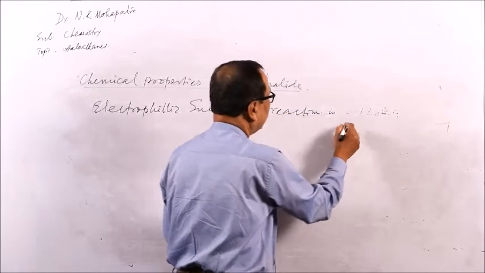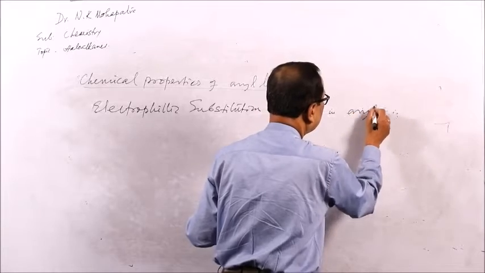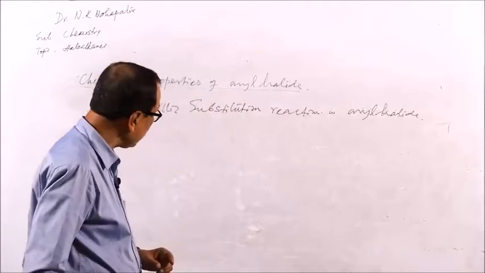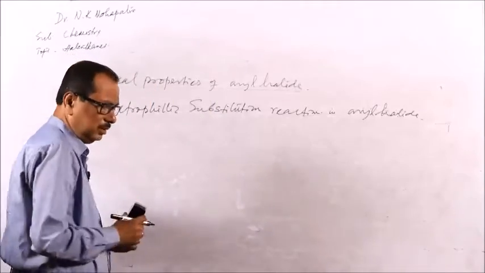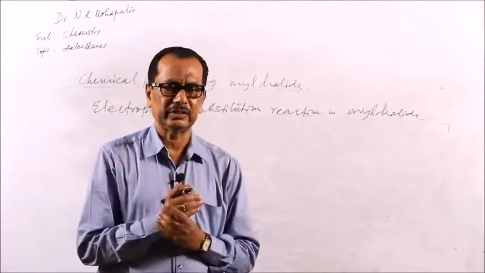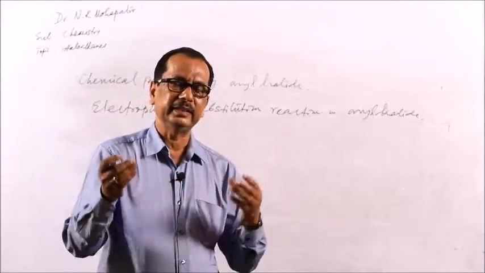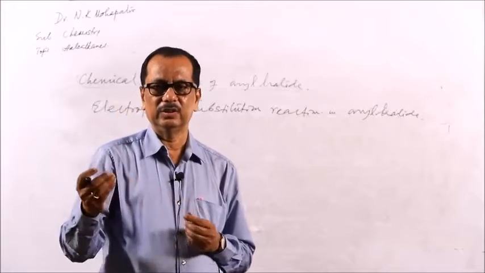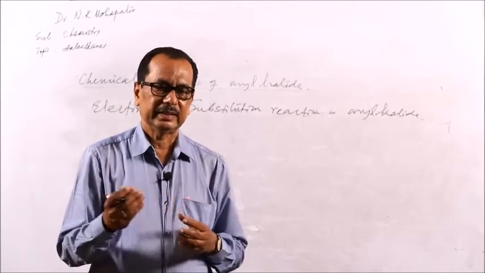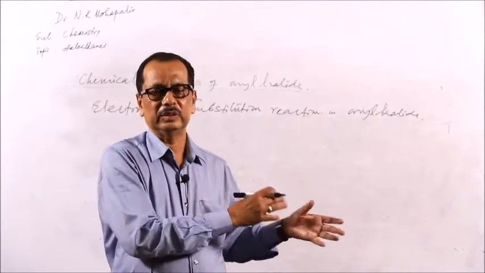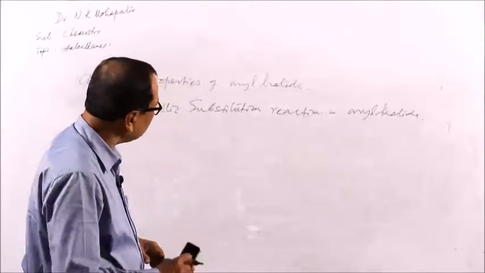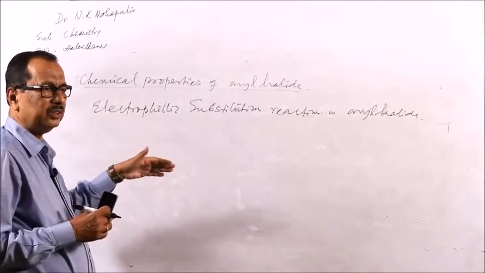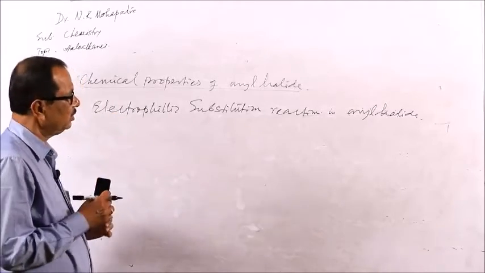In aryl halide, as we have discussed, the benzene ring is rich in electrons, therefore an electrophile can easily replace the hydrogen atom on the benzene ring. Electrophiles are positively charged species, they can easily attract the benzene ring. Therefore, in case of halobenzene or aryl halide, electrophilic substitution reaction on the benzene ring occurs easily.